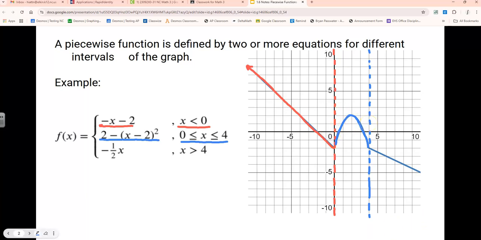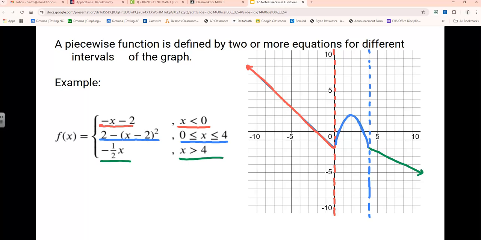And then the last piece of the graph right here is whenever x is greater than 4. So we already put our vertical line at 4. It's going to be everything to the right of 4. That would be this piece of the graph.